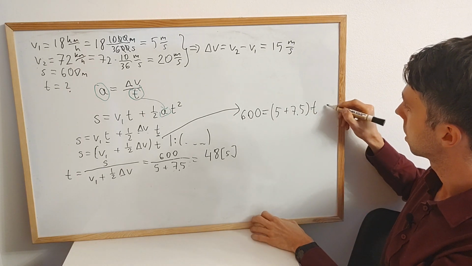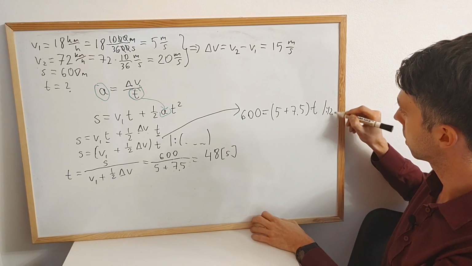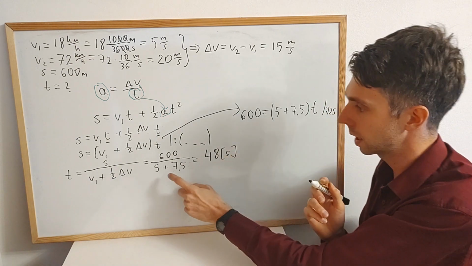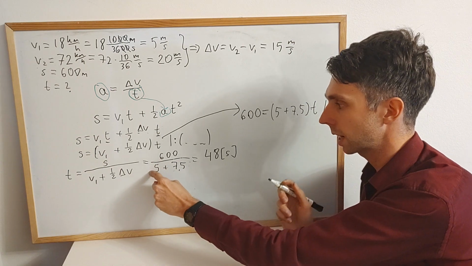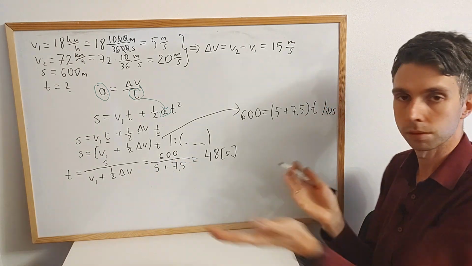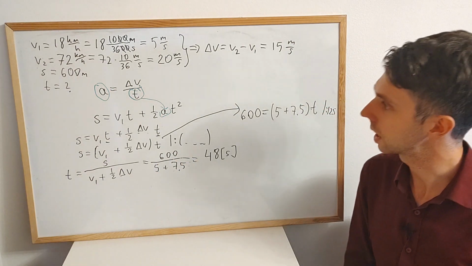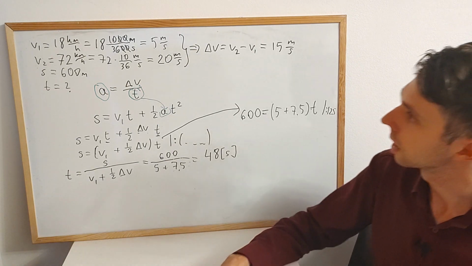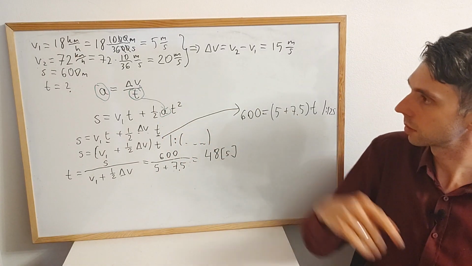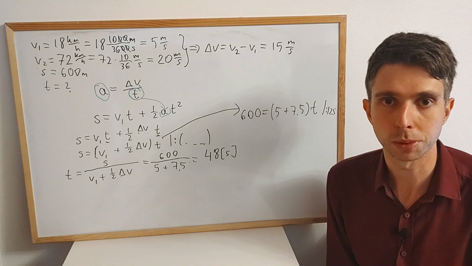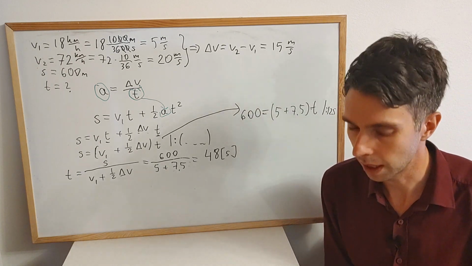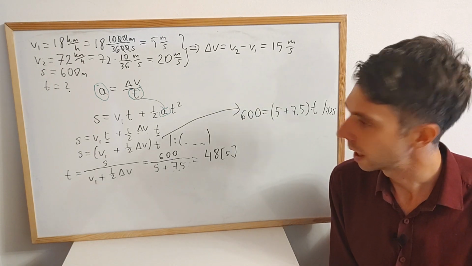So then you divide by 12.5 and you get exactly, you are exactly here, and of course you will get the same result. So this is how to solve quite simple problem related to uniformly accelerated motion.